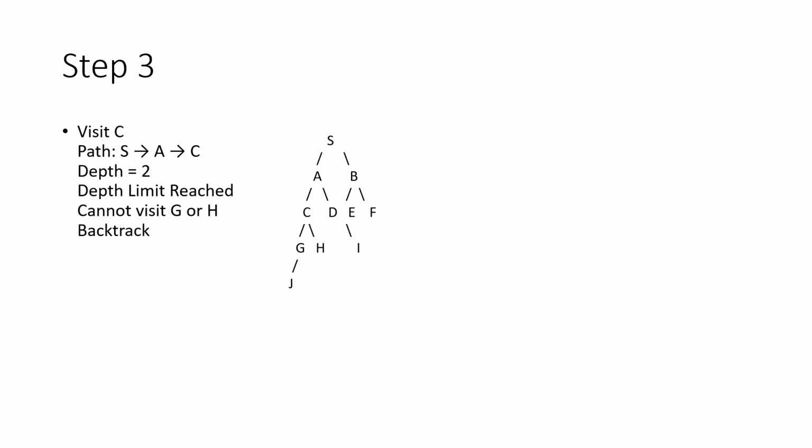Now we apply backtracking with the help of the DFS method, and we come back to the position of D. Then step 4: the path is A and then D. Now we are at the D position with the help of backtracking, and the depth limit is 2.